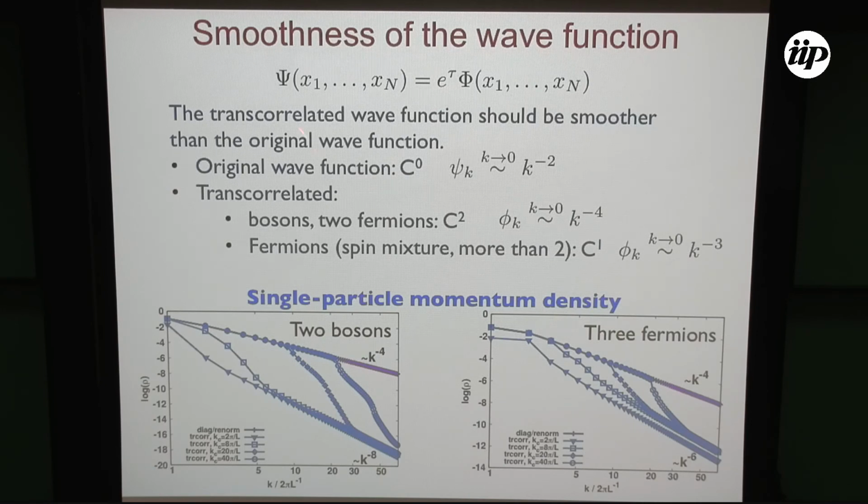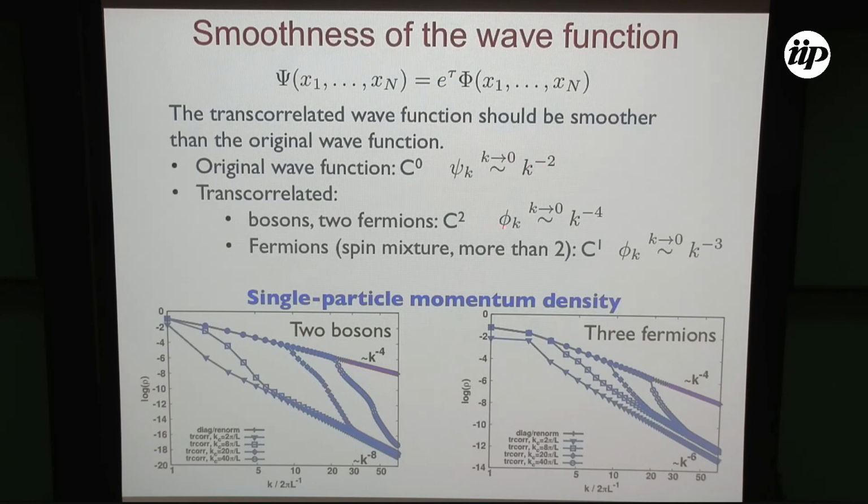Maybe I want to mention that the wave function now becomes smoother. We've put this boundary condition term into the Jastrow factor, and if this is the exact wave function, that defines exactly what phi is, so we can look at the smoothness of the wave function. The original one has a cusp, so it's C0: it is continuous but not differentiable. In momentum space, it's a k to the -2 dependence for small k.